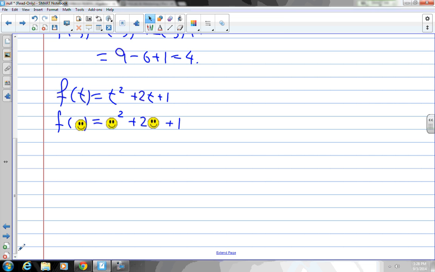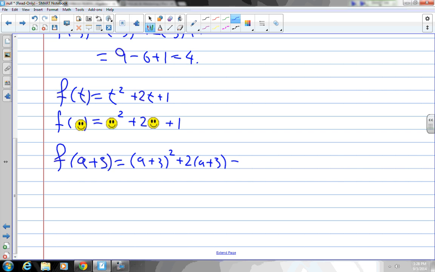So if I ask you what is f of a plus 3, what would you say? No more square plus 1, right? So a plus 3 quantity squared plus 2 times a plus 3 plus 1.